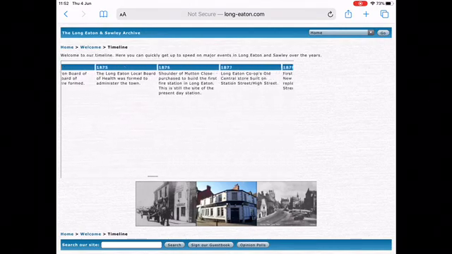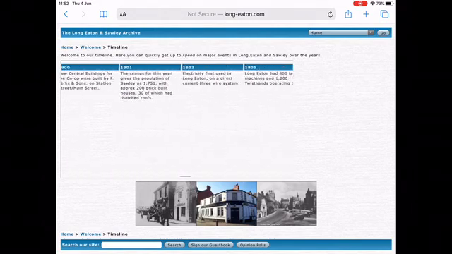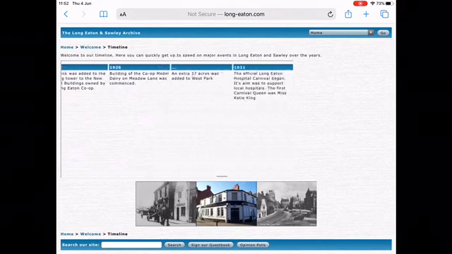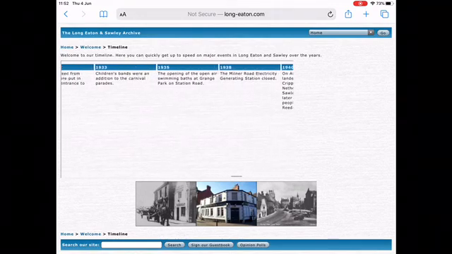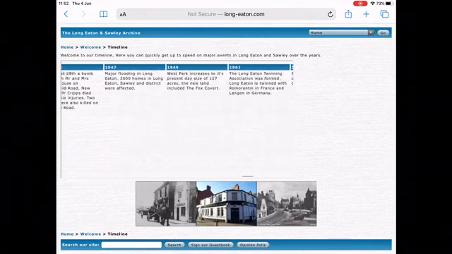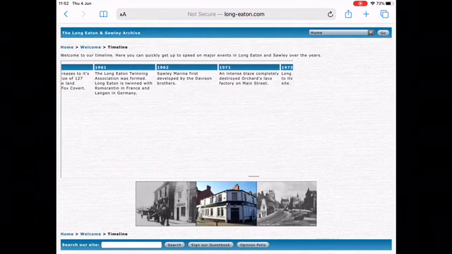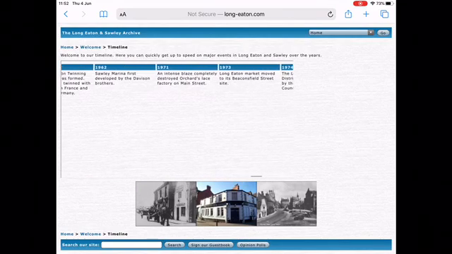Let's have a look. Oh, I'm looking for the 1900s. Keep looking, keep looking. We're getting close to when our school was built. Here we are.